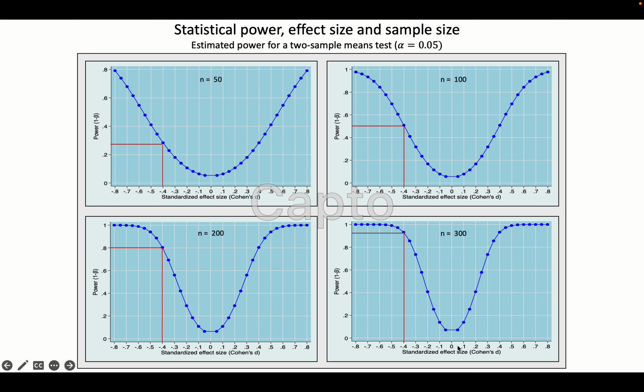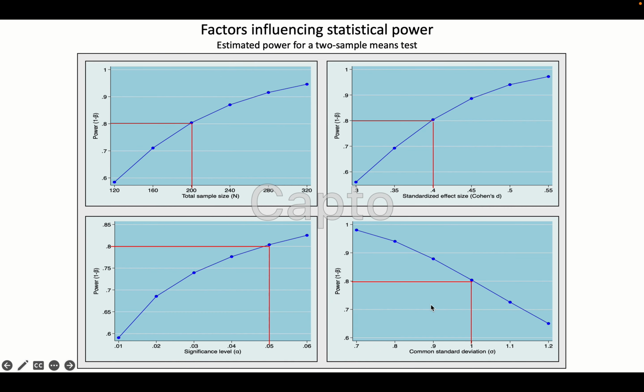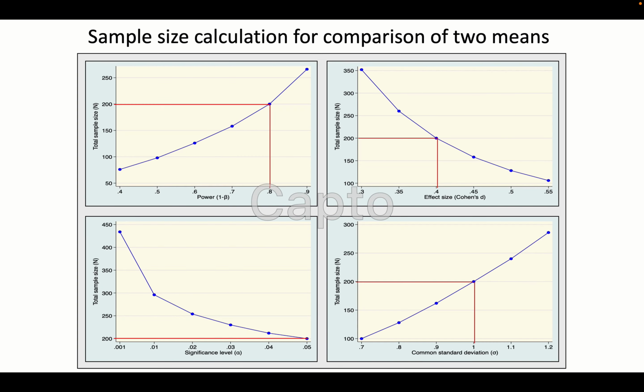And in this case, the X value is the standardized effect size, right? This is something similar as well. So here I'm comparing the total sample size with the power, the total sample size with the effect size, the sample size with the alpha critical value, and the standard deviation.